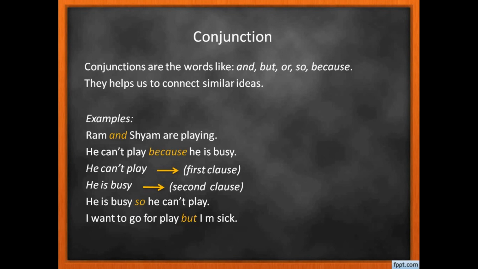Here the conjunction is but. But is used to show opposite ideas. So overall, a conjunction is a word which joins or connects similar ideas, opposite ideas, or two sentences.